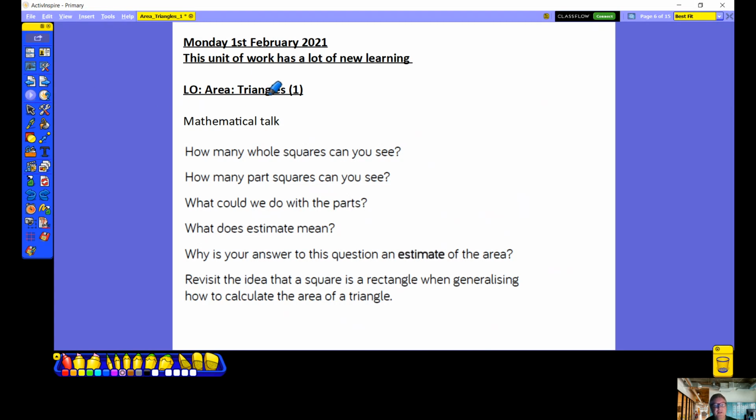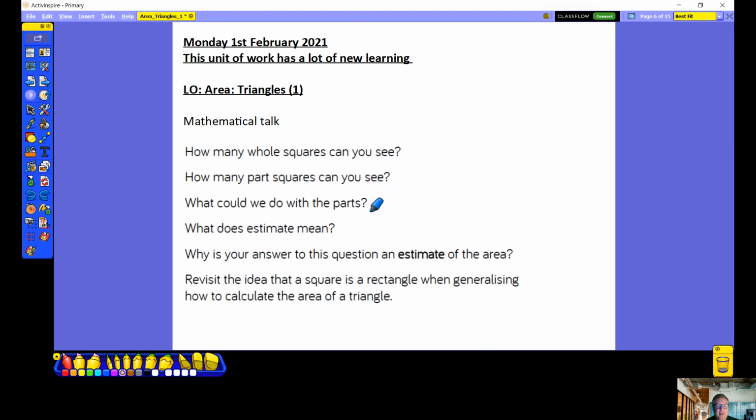Continuing the general theme of area, perimeter, and then working on to volume, we're going to have a look at triangles. These are the sorts of things you will need to be learning and picking up on: how many whole squares can you see and how many part squares can you see. This will become a little bit more clear as we move on.